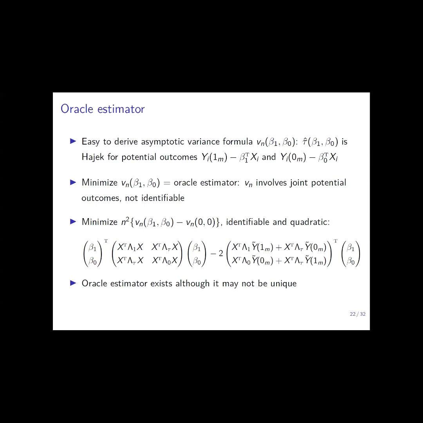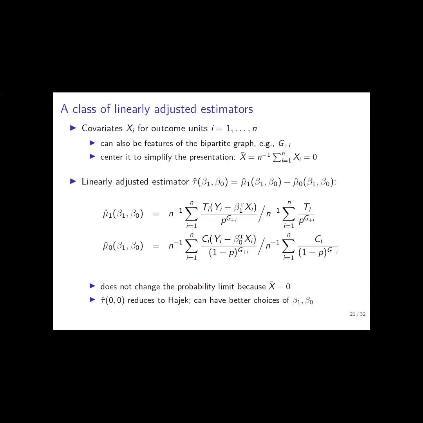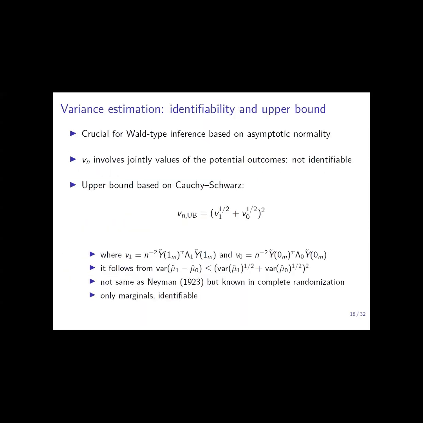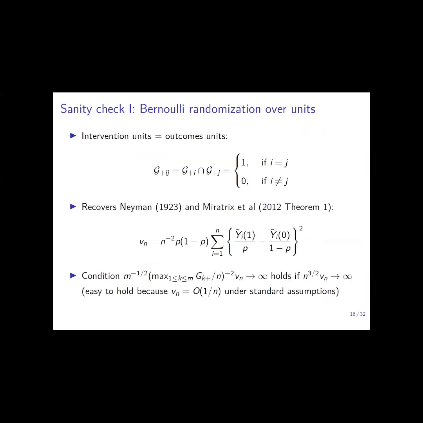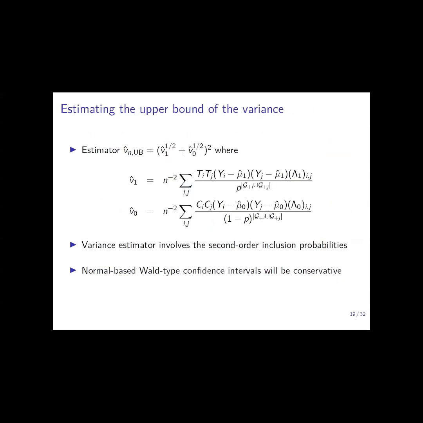But this is not that trivial, because if you remember the formula here, there's a term you can never estimate. Beta 1, beta 0 will enter this term. So how can you minimize this variance as a function of beta 1, beta 0, when there's a term you can never estimate?